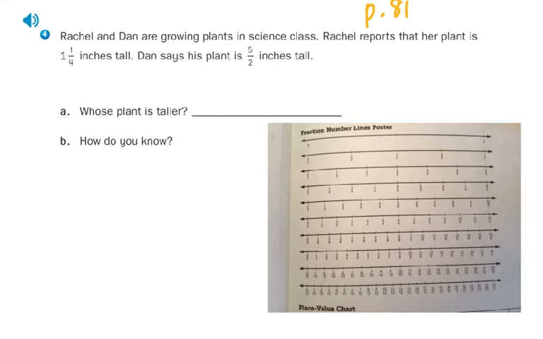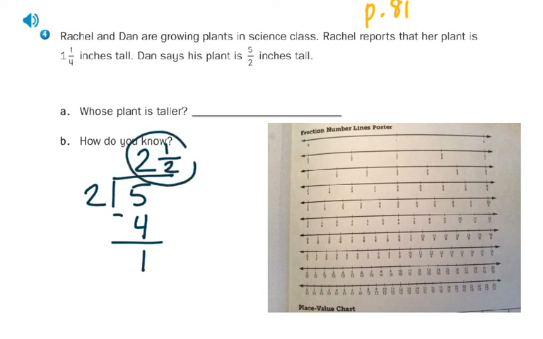So if I take 5/2, I would ask myself, how many 2's are there in 5? Well, it goes in there twice. 2 times 2 is 4. My remainder goes on the top of my fraction, and the divisor goes down on the bottom as the denominator. So 5/2 is the same as 2 1/2.